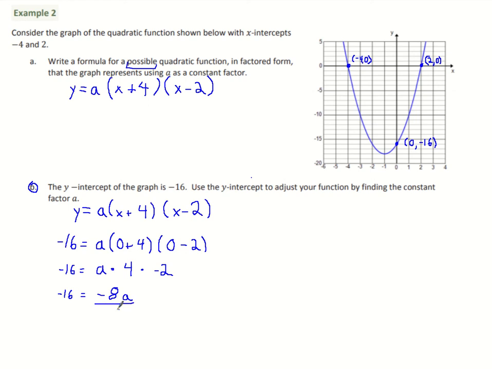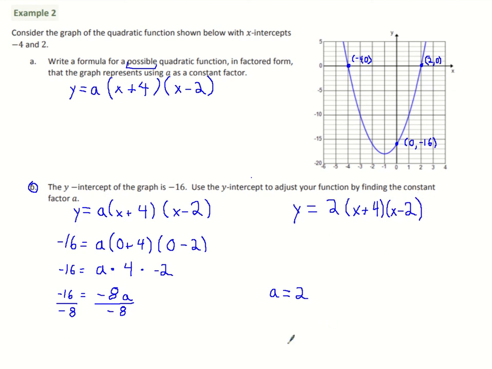And if I divide both sides by that negative 8, I finally get my answer for a. a is going to be equal to positive 2. So now I found the exact equation. My equation is going to be y is equal to 2 times the quantity of x plus 4 times the quantity of x minus 2.